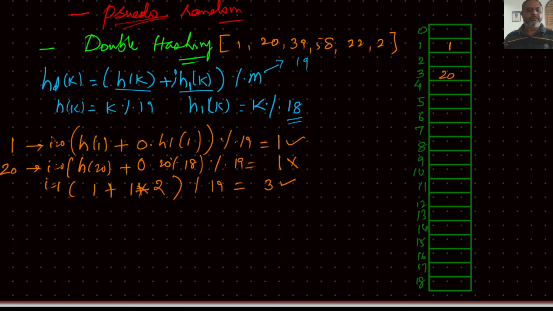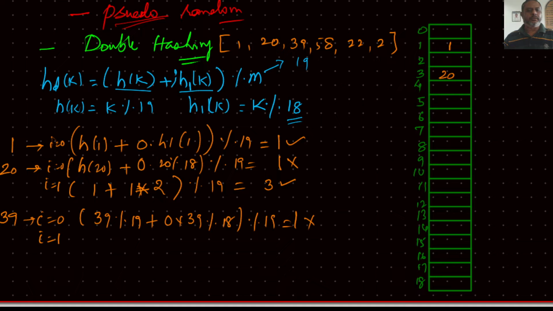The next number is 39. So with i equal to 0, it is 39 mod 19 plus 0 times 39 mod 18, mod 19. So 39 mod 19 is 1, plus 0 is 1. So that's going to be 1. So not possible. So look for i equal to 1.